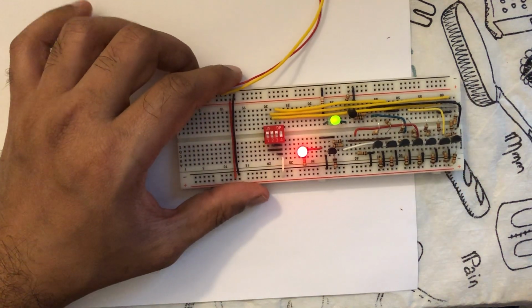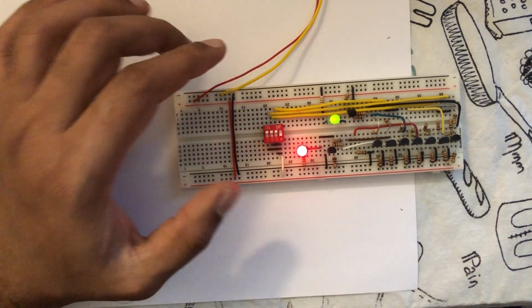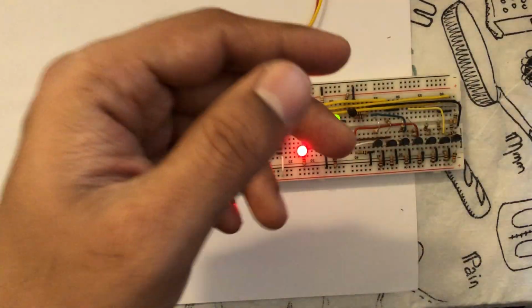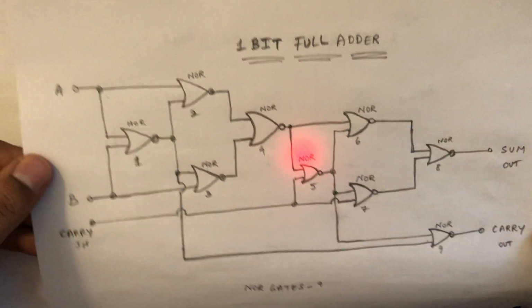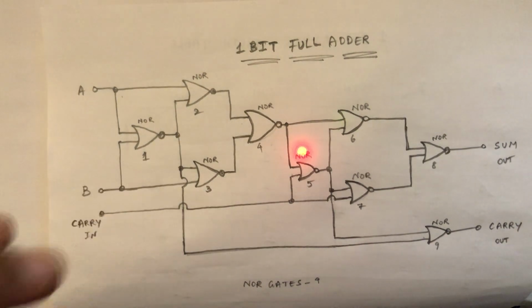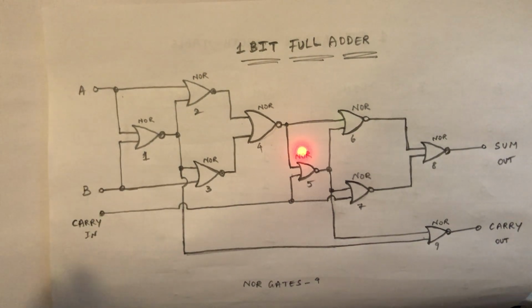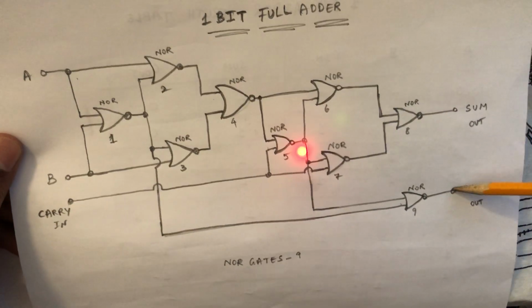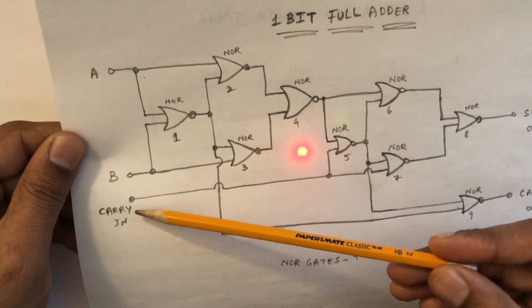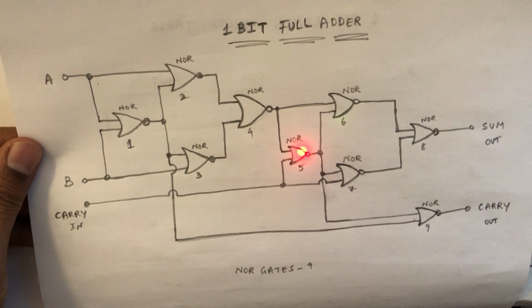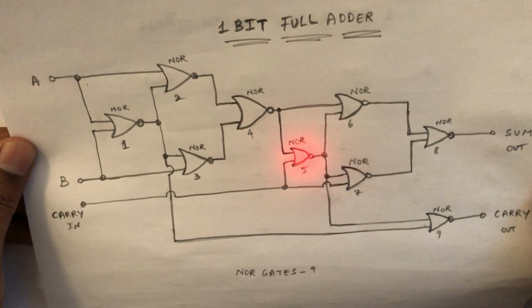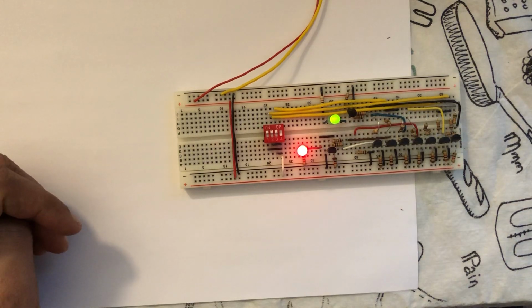So that is a simple way of building a full adder. And the idea is we can have multiple circuits like this, and then we can feed the carry out as an input to the next circuit's carry in, and then we can start adding more bits.